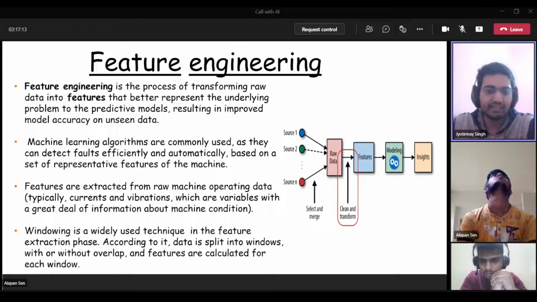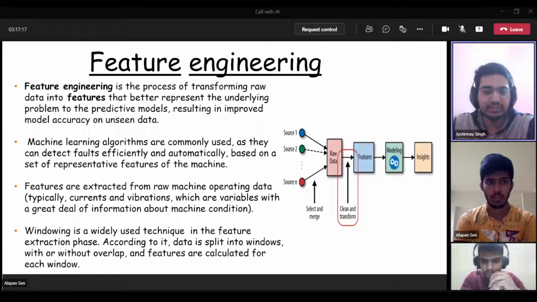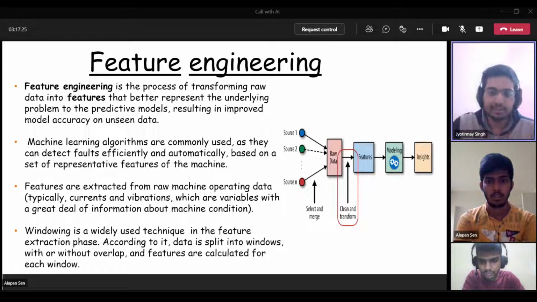Machine learning algorithms are commonly used as they can detect faults efficiently and automatically based on a set of representative features of the machine, which you can see in the figure, described by raw data to features. Features are extracted from the raw machine operating data, typically currents, vibrations, etc., which are variables with a great deal of information about the machine condition.